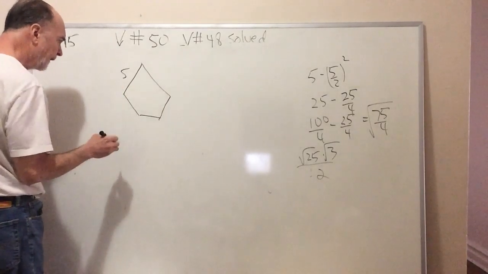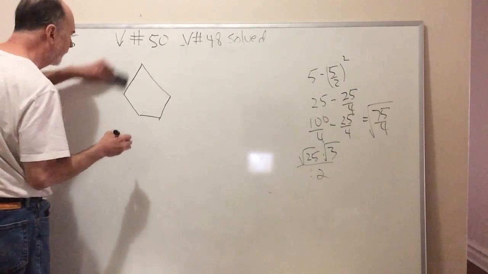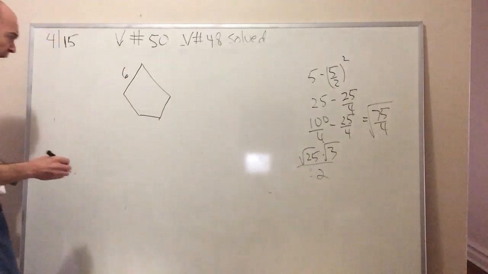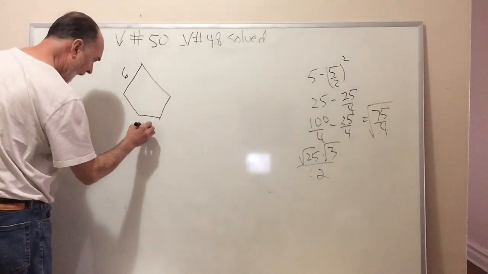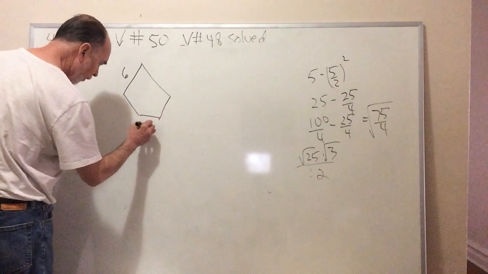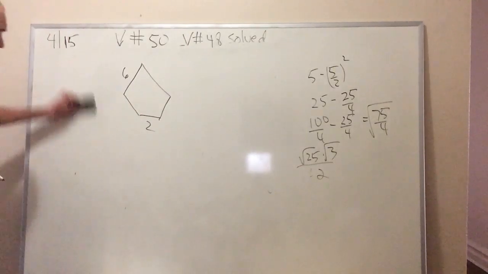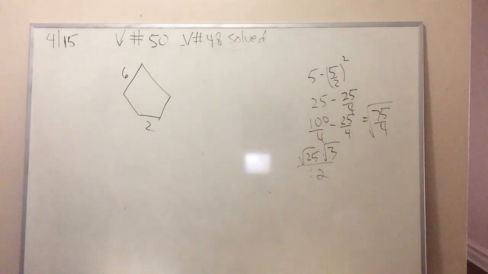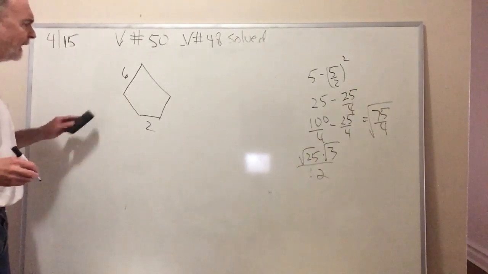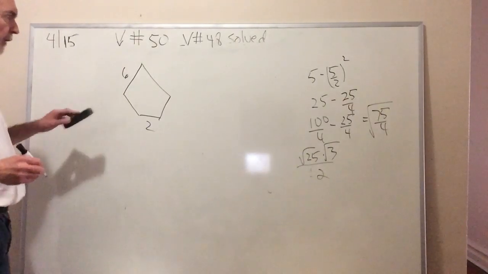I'm going to say that this is 5, this is 6, and this we'll let equal 2. And I want you to find the area and the perimeter, doing the work easily, okay?